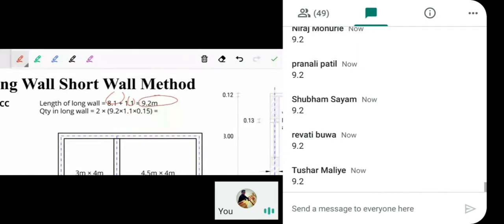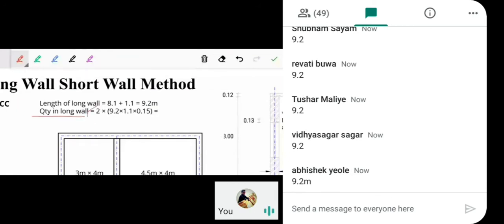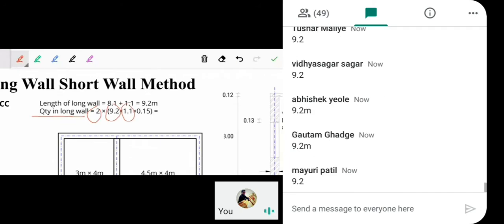Now the quantity of the PCC work in the long wall will be equal to the number of long walls, which is 2, multiplied by 9.2, the long wall length, multiplied by the width of the item, that is 1.1, multiplied by the height of the item, that is 0.15.